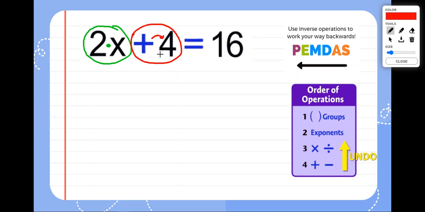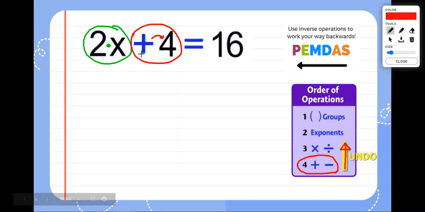Once we've identified what our operations are, we're going to use inverse operations and work our way backwards using PEMDAS. So normally we'd solve using order of operations and we'd start with grouping and working our way down. However, in an equation, since we're trying to undo, reverse, or do the inverse, we're starting at the bottom and working our way up. That means that we have to start with any addition or subtraction.